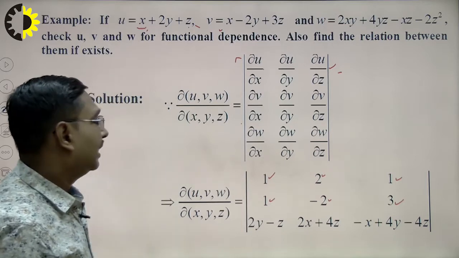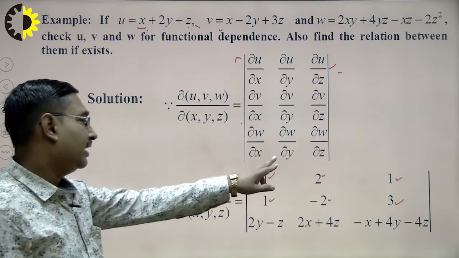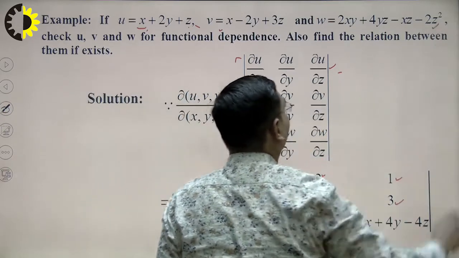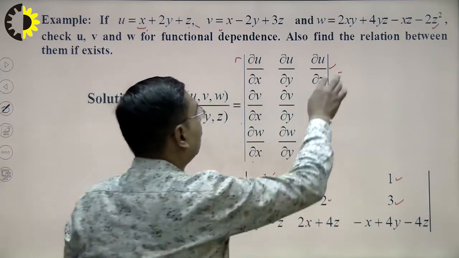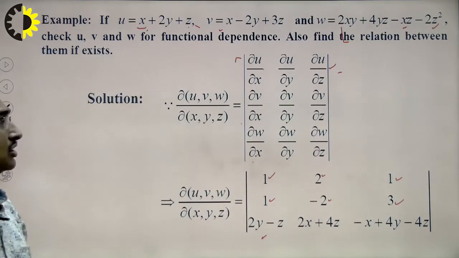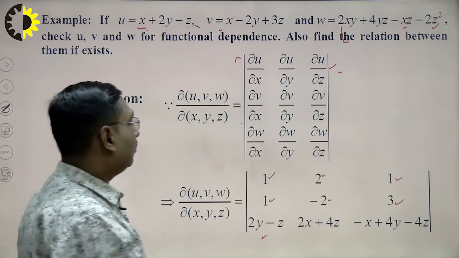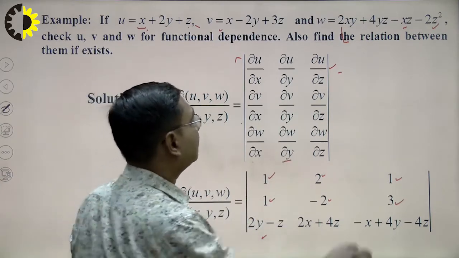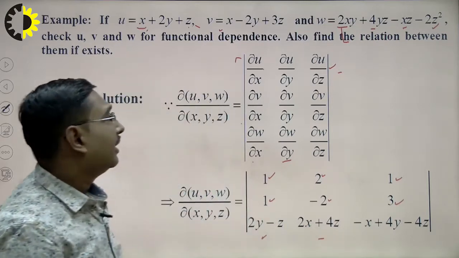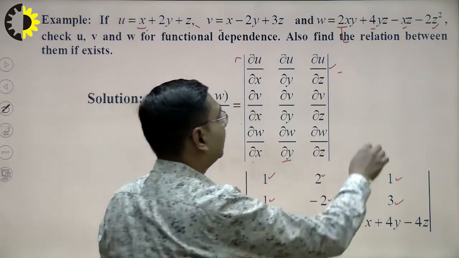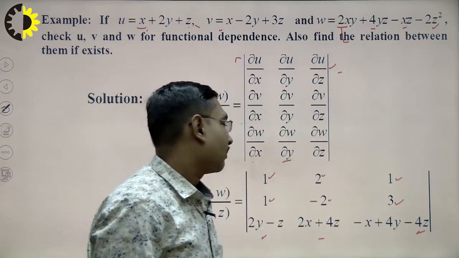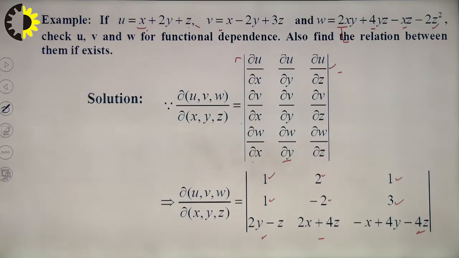The third row is del w over del x, del w over del y, del w over del z. Del w over del x, when calculated, will give 2y minus z. The remaining terms are 0. Del w over del y gives 2x plus 4z, and del w over del z gives 4y minus x minus 4z. This Jacobian is calculated.